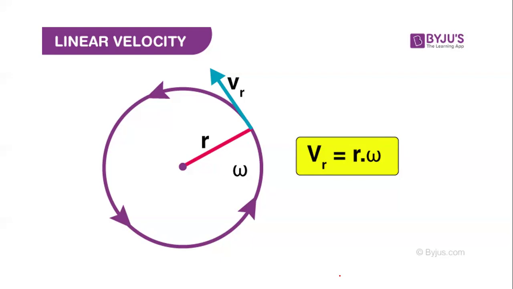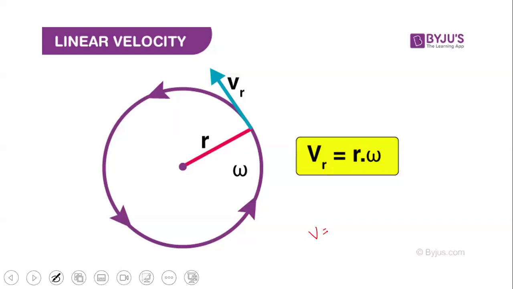An easy way of understanding it is this: if we tie a rock with a piece of string and rotate it in a circle, the moment the string snaps, the rock is going to fly off. The velocity with which it flies off, that instantaneous velocity at that particular point in movement, is the linear velocity.